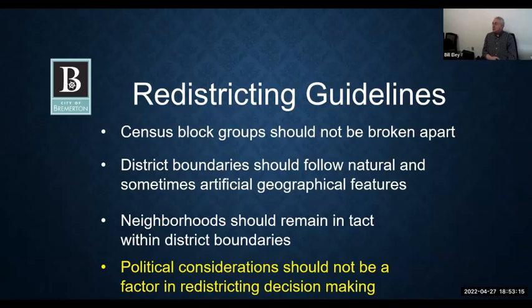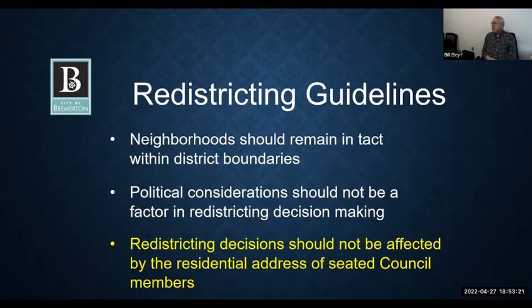Political consideration should not be a factor in redistricting decision making. And along the same lines, redistricting decisions should not be affected by the residential address of seated council members.